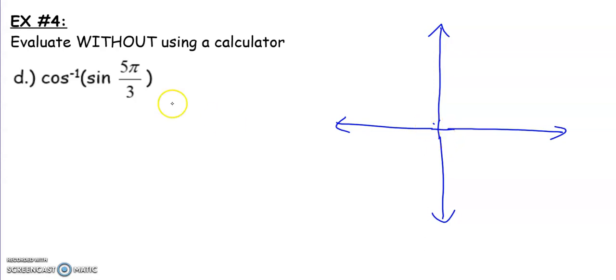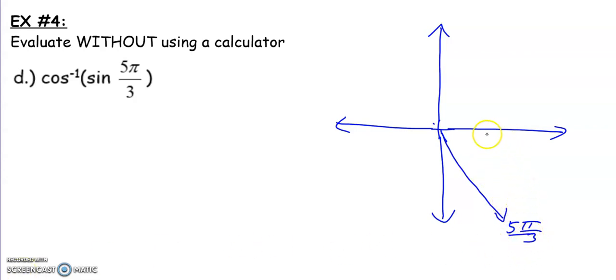So the sine of 5 pi over 3. Well, 5 pi over 3 is this guy right here. So 5 pi over 3.